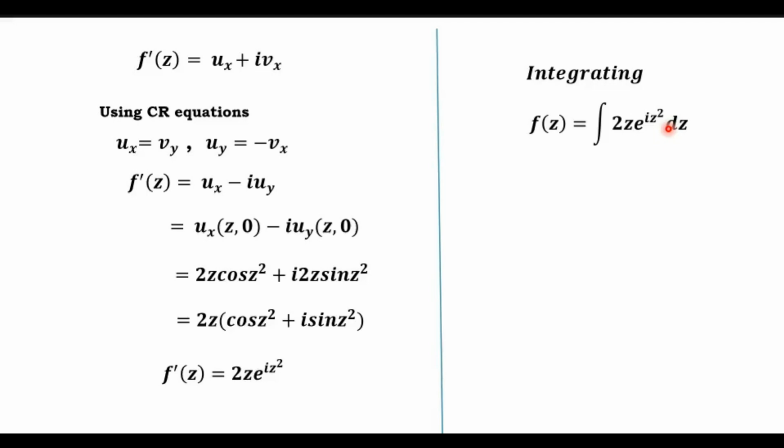Just to avoid that, I can put z square as t. क्योंकि अगर मैंने z square को t put किया तो 2z dz, dt हो जाता है. So it reduces to a simpler form. तो ये 2z dz के बदले dt हो जाएगा, यहाँ पे e raised to it हो जाएगा. So it will become e raised to it into dt.